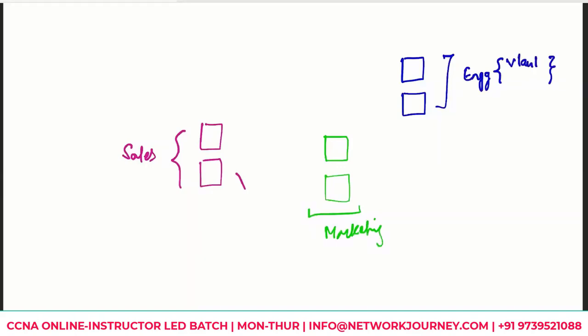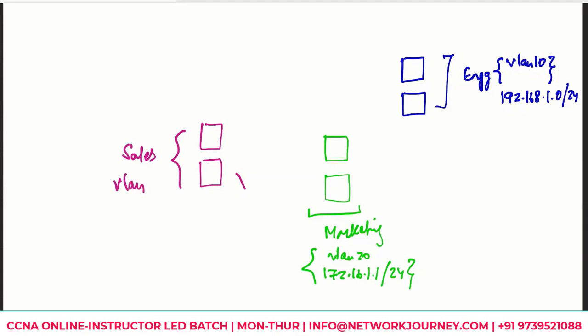Let's say we have VLAN 10 for them, and the IP range is this network, and so on for the marketing people who are on a different subnet, and their IP address is something like this. And finally, the sales team are on a different network, let's say VLAN 50, running on 192.1.1.1/24. Now, all these three are different networks.